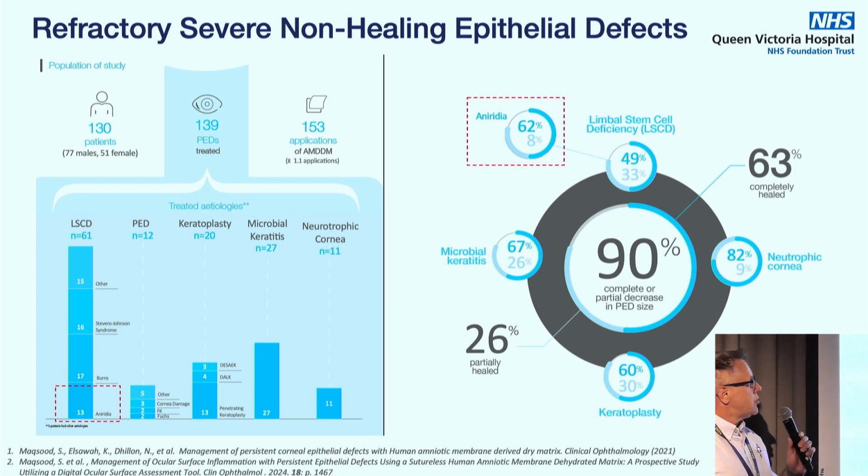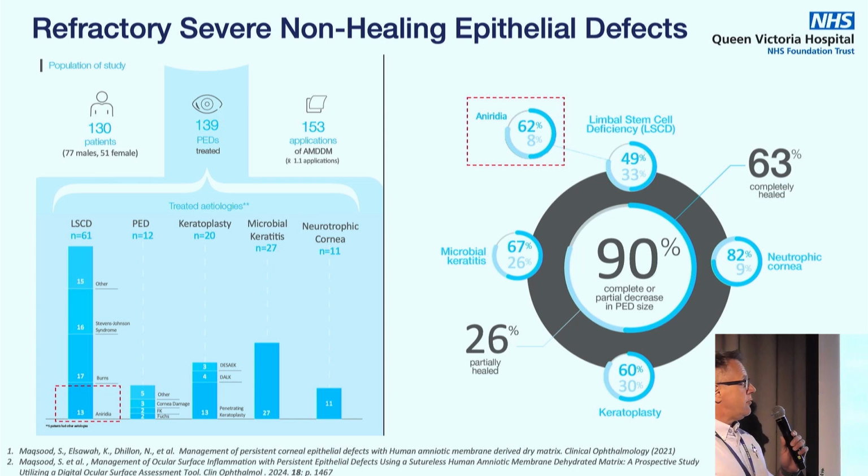When you break it down to the subcategories, for neurotrophic cornea, 82% of those completely healed, and the keratoplasty group was on par with the whole study. For microbial keratitis, this was treating patients that had active infections that were managed aggressively initially with antibiotics, and then they went in with this treatment, and they managed to get almost 70% of these patients to a complete resolution.